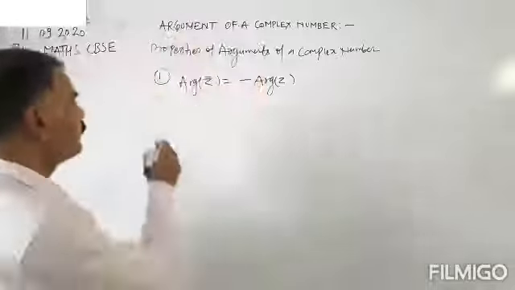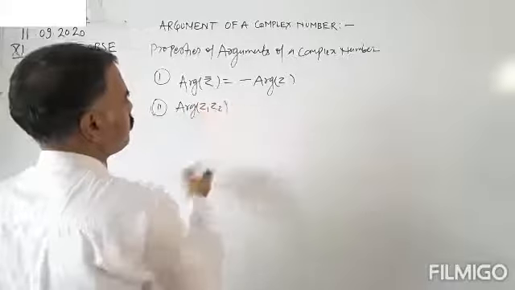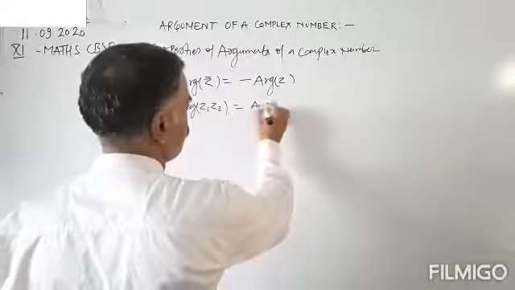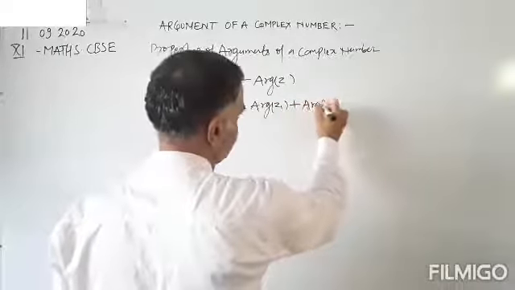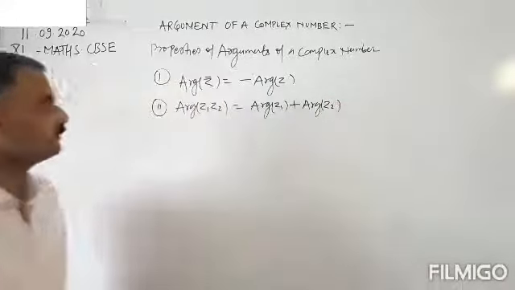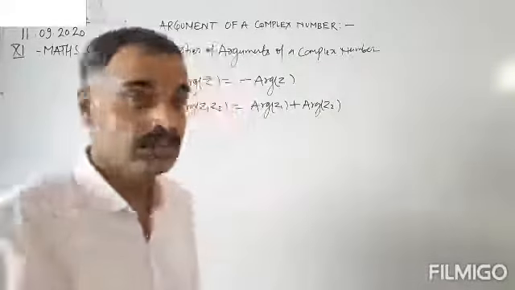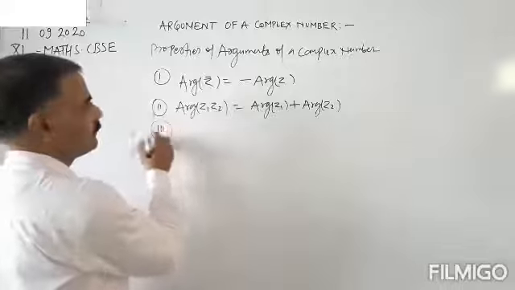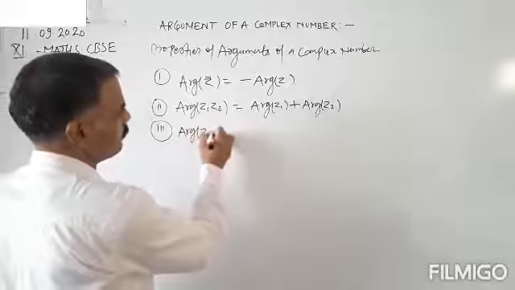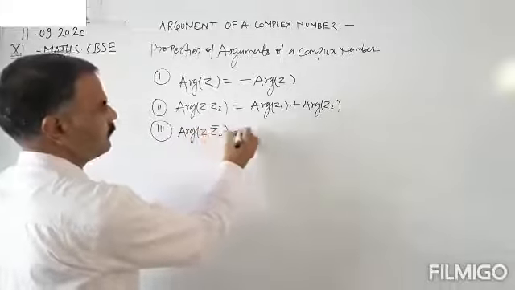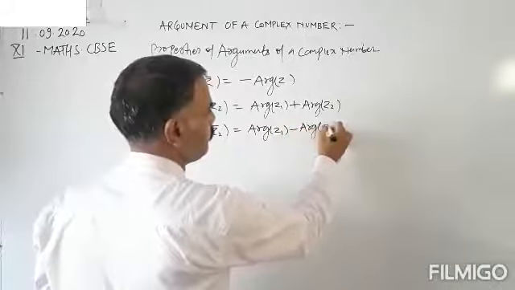Second property is the argument of z1 z2. Argument of z1 z2 is equal to argument of z1 plus argument of z2. Third property is argument of z1 upon z2 equal to argument of z1 minus argument of z2.